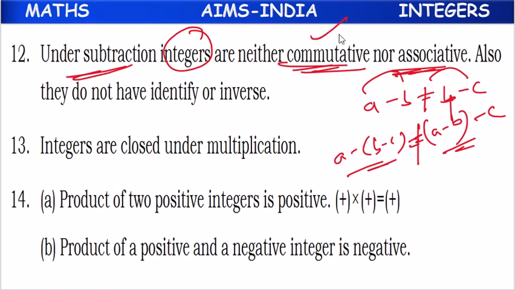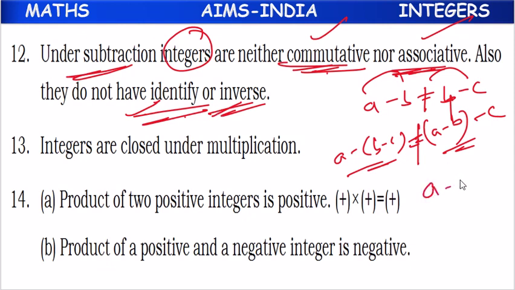So they are not commutative, they are not associative, and they don't have an identity element or inverse element under subtraction.